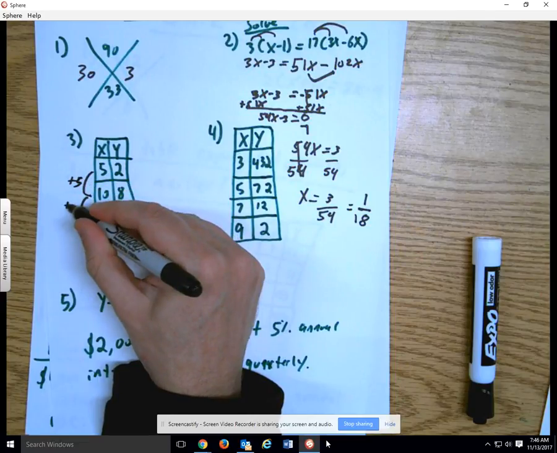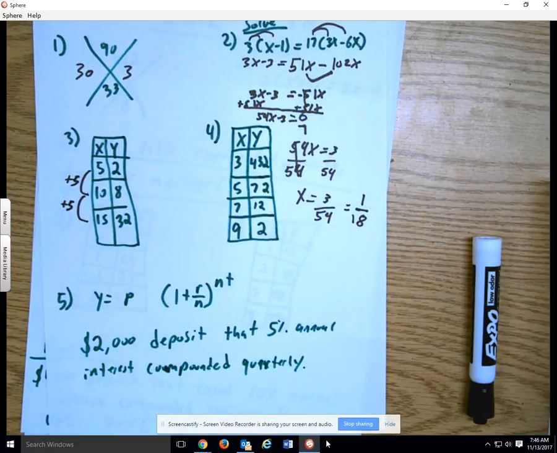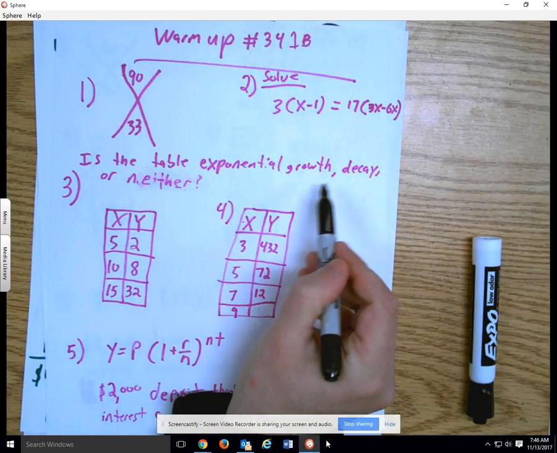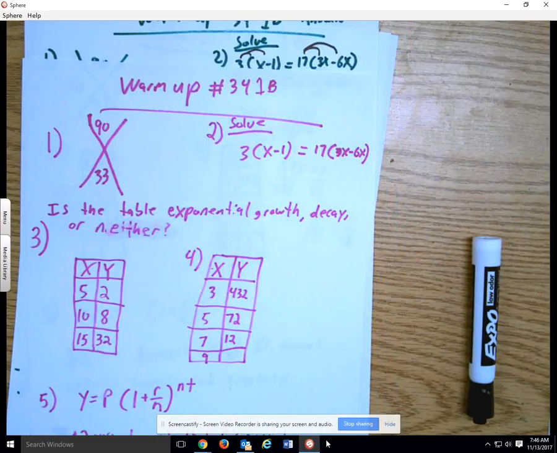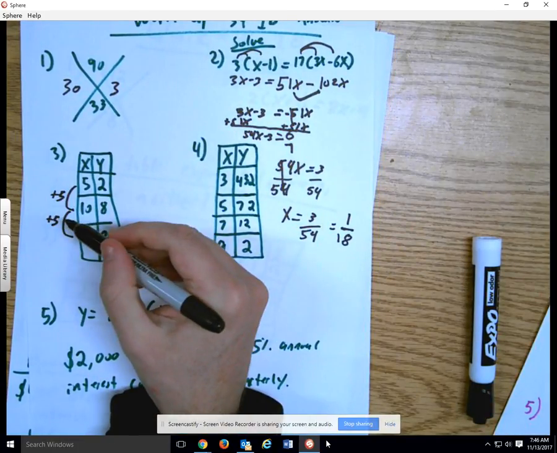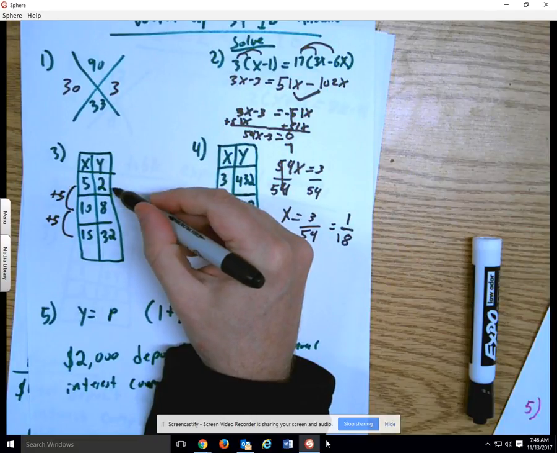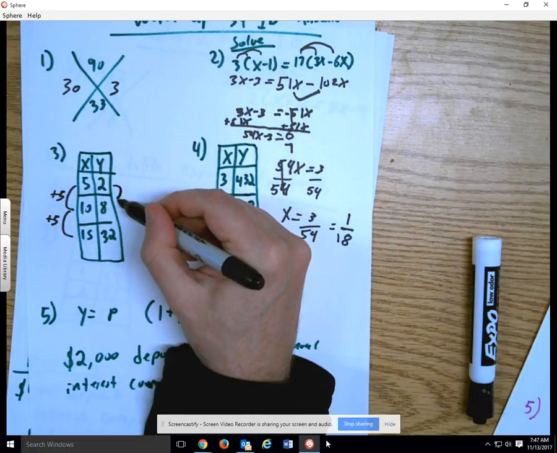It's increasing by 5 each time. Remember, for it to be an exponential growth or an exponential decay, it has to either be adding or subtracting on the x side. So it's adding, so it could be one of those still. What's happening to the y side, though, each time? Is it adding, subtracting, or multiplying, or neither?